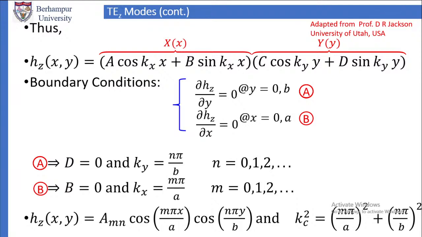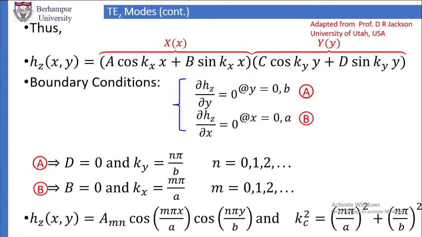What is left is A into C. A is a constant, C is a constant. So A into C is also a constant. Let us write that A into C as A subscript m n, so Hz is equal to Amn.